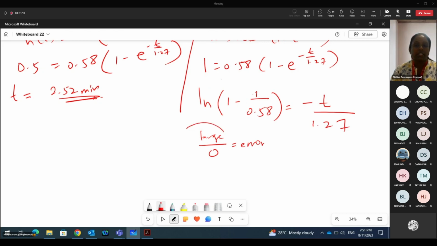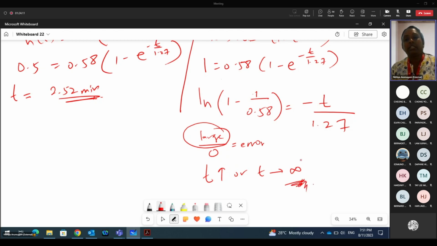Meaning t is infinity. So t is too high, or t approaching infinity. So we can just mention that t is too high, too long, or an infinite value.